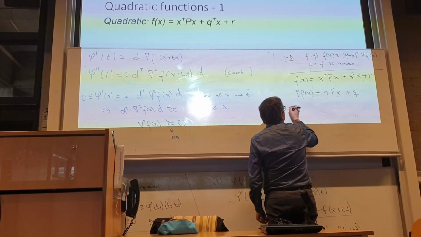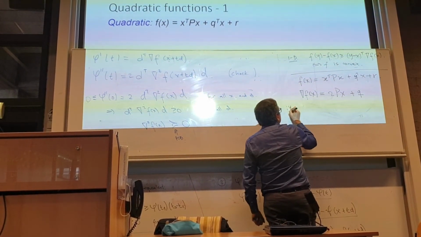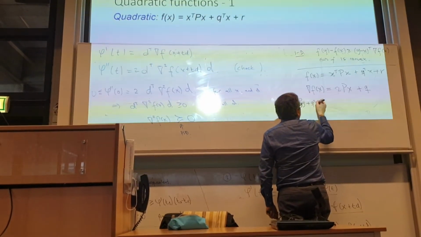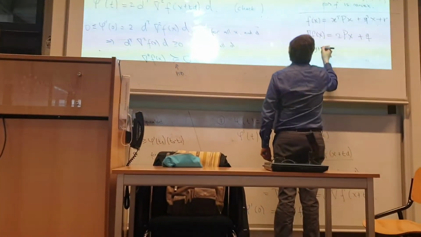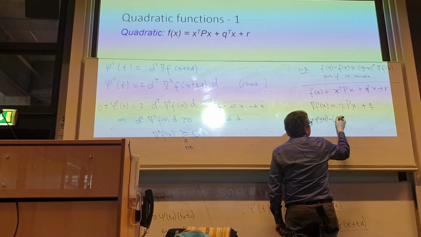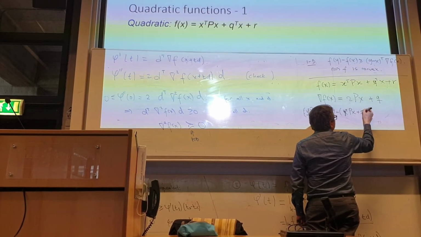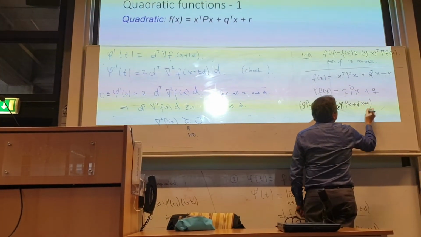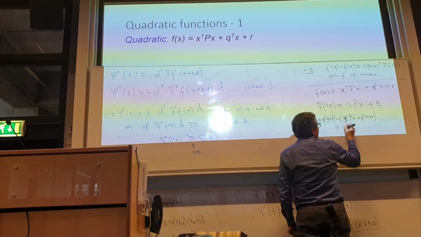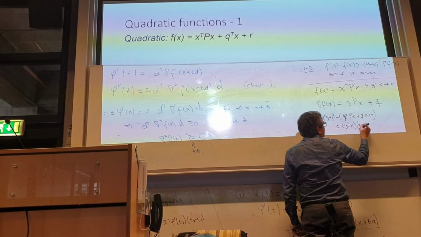And then f of y is just y transpose Py plus q transpose y plus r. This minus f of x, x transpose Px plus q transpose x plus r, and we want this to be greater or equal than y minus x transpose times the gradient at x, that is this quantity here.